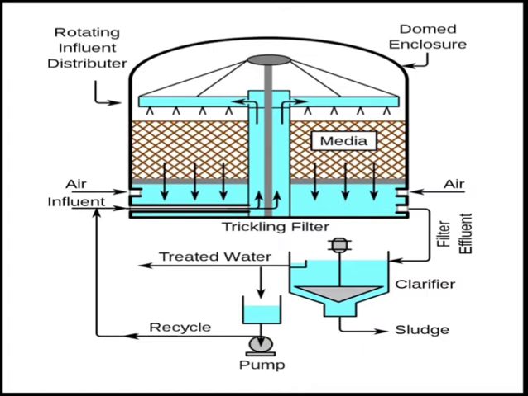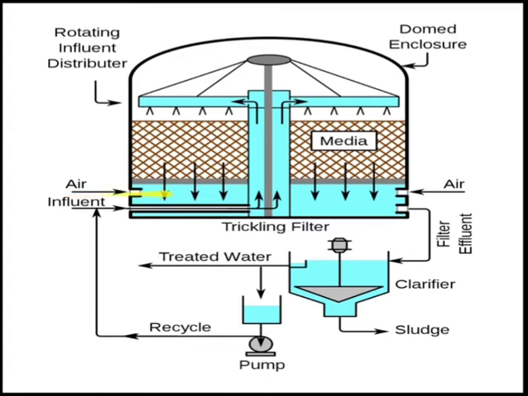Initially from here the influent or the wastewater is inserted into the system. It passes here. This is the bed. Simply this whole assembly is in rotating motion. It continuously rotates.